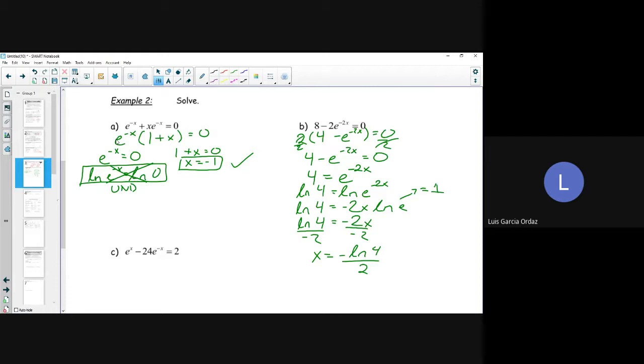Now we can get these to the same bases. So does anybody know how we can get 4 to the base of 2?